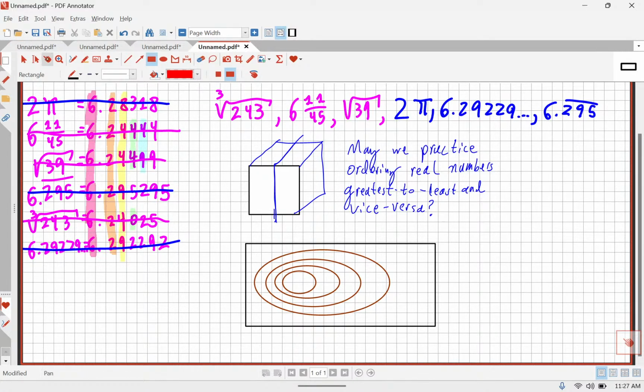All of these numbers fall under the umbrella of real numbers, which, by the way, is a double-barred R like this. And the numbers that live outside of the rational numbers but are real are things like pi and the square root of 39 and 6.292292229. These numbers live outside of the rationals but inside of the reals.